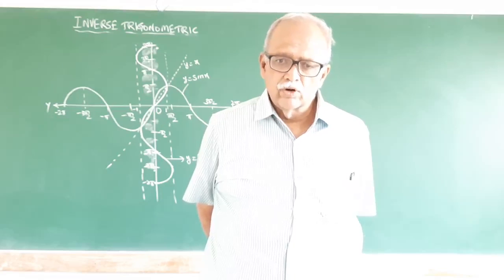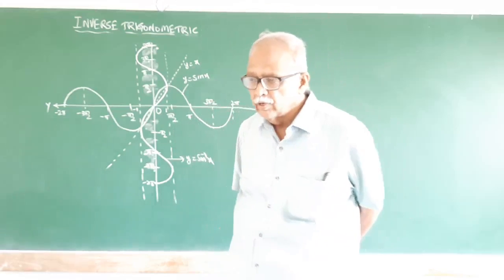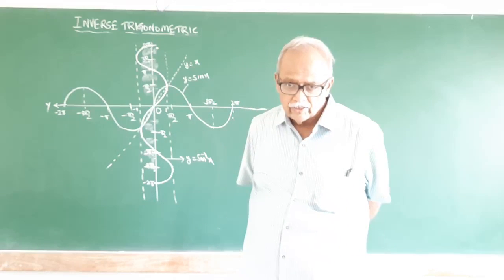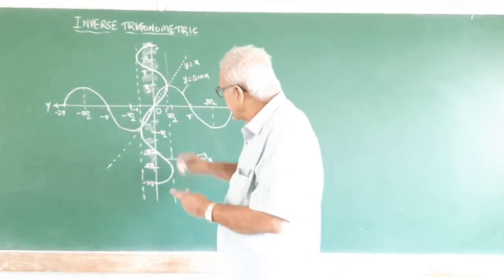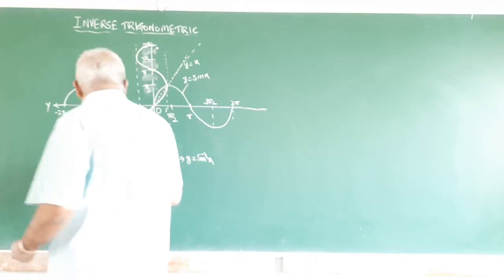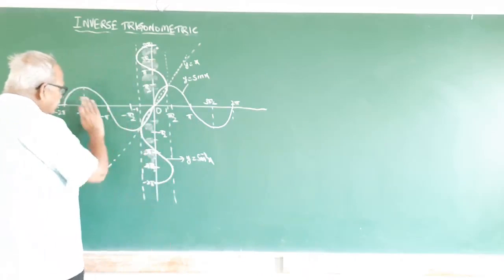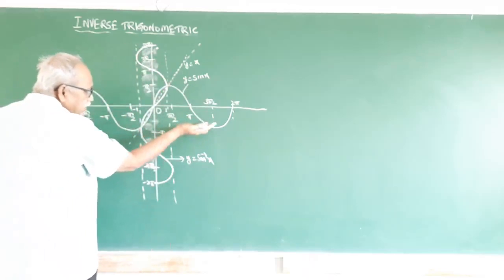Another thing: every inverse function can be obtained from the original function as a mirror image about the line. What is a mirror image? Reflection. You can see this side portion is superimposed on this one.